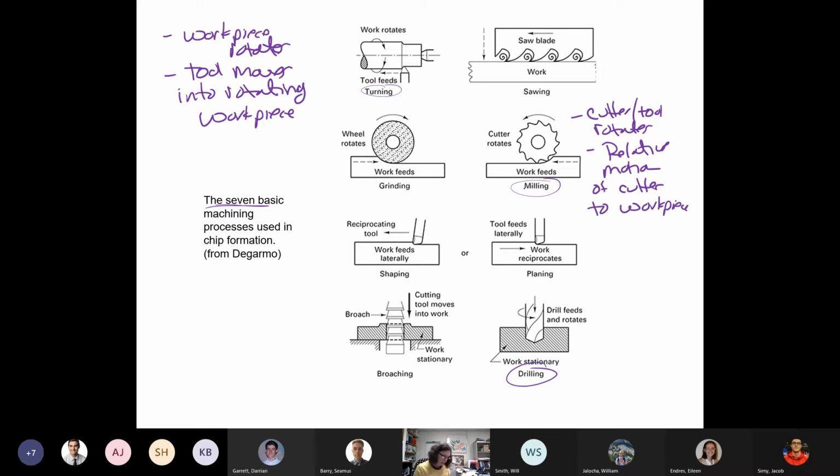Sometimes the work moves into the cutter, sometimes the cutter moves into the workpiece. But again, in milling, it is the cutter that rotates. And then in drilling, the tool rotates and moves into the workpiece.